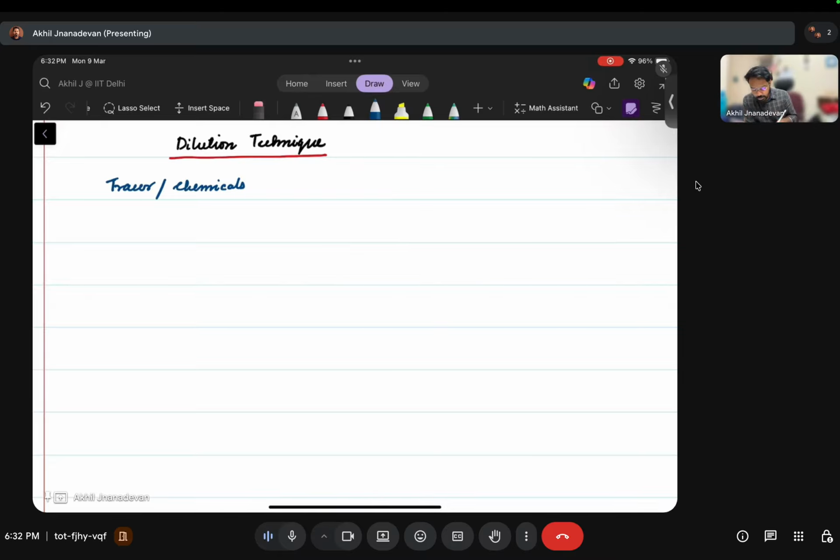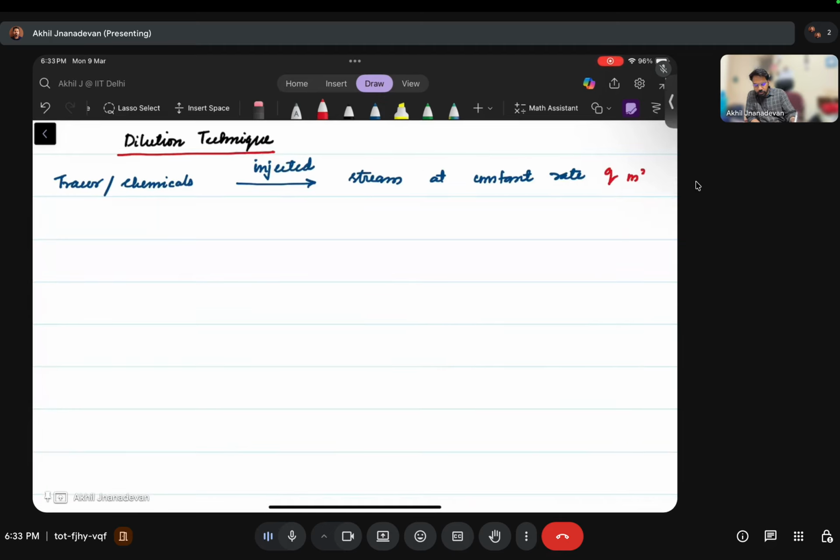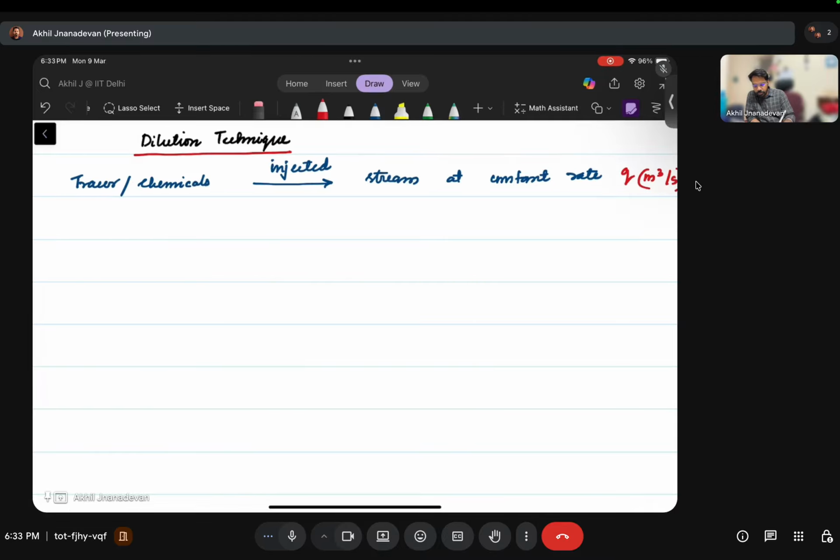So we'll be injecting these tracers to the streams at a constant rate. That particular constant rate is small q, that is, small q meter cube per second. So this is the rate at which we are injecting the tracers, and with a concentration.